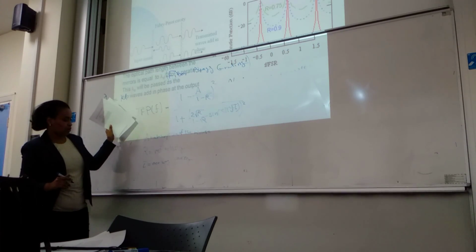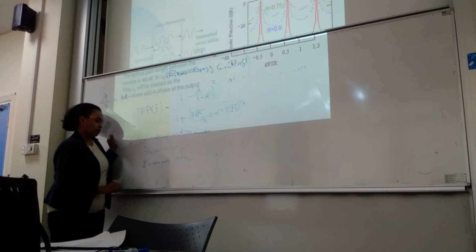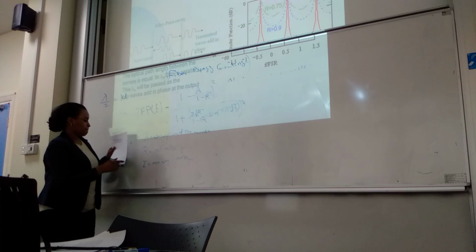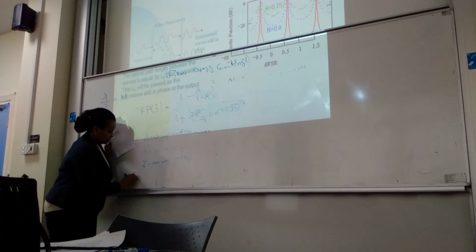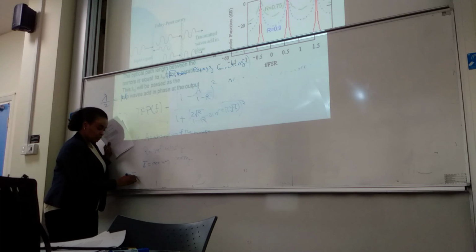So what is tau then? If you want to calculate tau, it is the time, so then it's the distance over the speed. And what's the distance here?